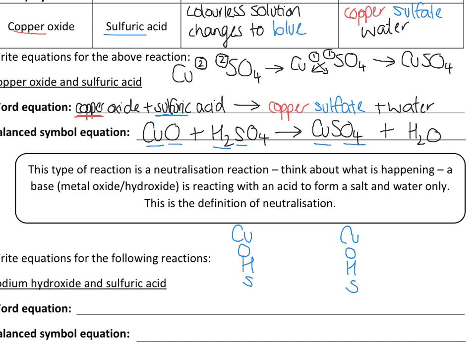So I just write that in the same order. Count up how many I have on the left. I have 1 copper, I have 1 oxygen here, but 4 oxygens here, so it needs to be the total number, so that's 5. I have 2 hydrogens and 1 sulfur. On the right hand side, again 1 copper, and now I've got 4 plus 1 oxygen is 5. 2 hydrogens and 1 sulfur. So you can see that my equation is balanced. So CuO plus H2SO4 reacts to give us CuSO4 plus H2O.